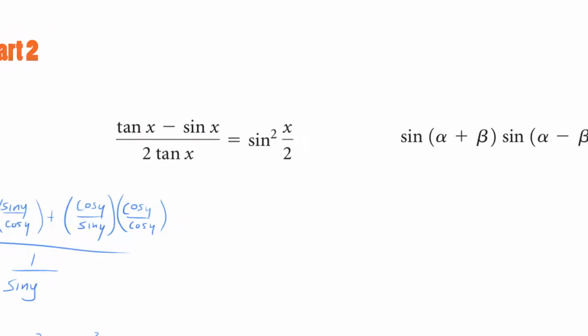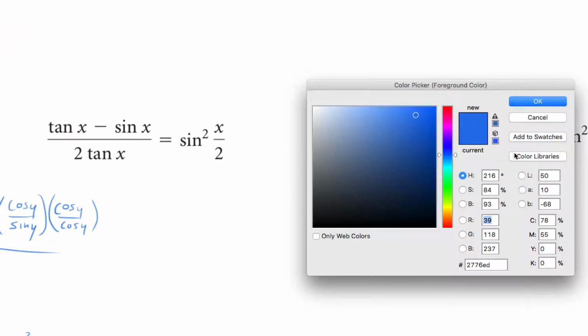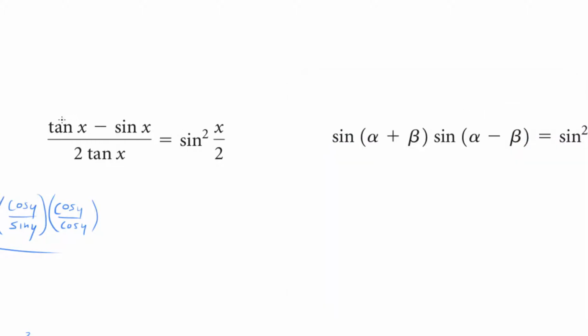Now for the next problem, let's choose a different color. Again, you have tangent, I'm going to start with the left side, changing it to sine over cosine. So sine x over cosine x minus sine of x over 2 over 1 times sine x over cosine x.